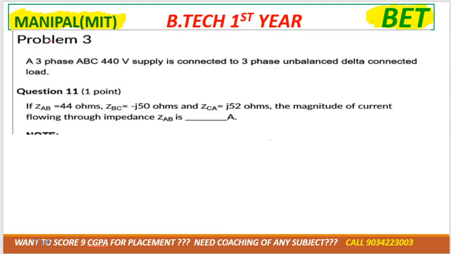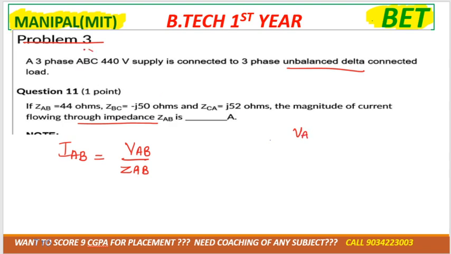Now the next question, problem number 3, this is unbalanced delta. In this they ask you the magnitude of the current flowing through impedance ZAB. So basically we need to calculate IAB, right? That would be equal to VAB divided by ZAB. Remember I told you, if they have given the sequence ABC, then VAB, then VBC, then VCA.